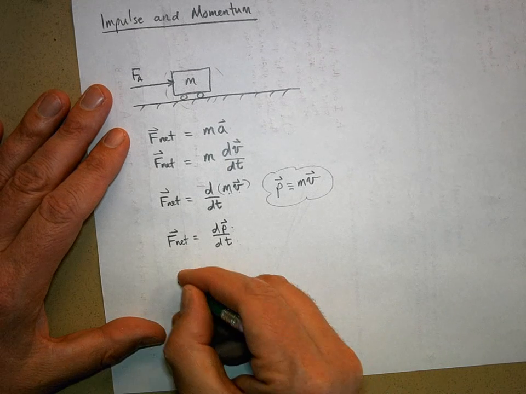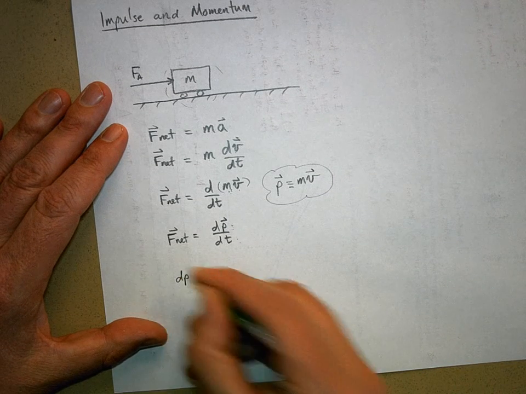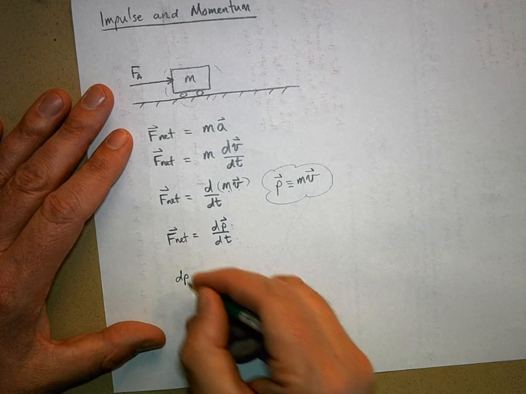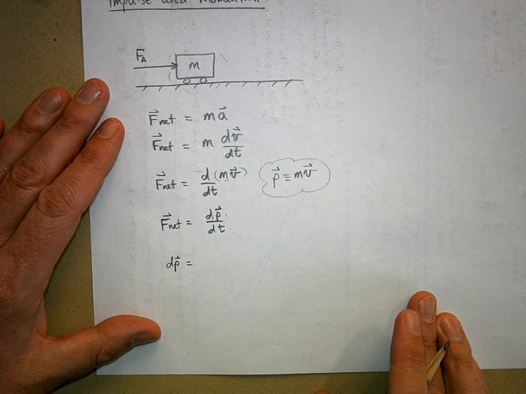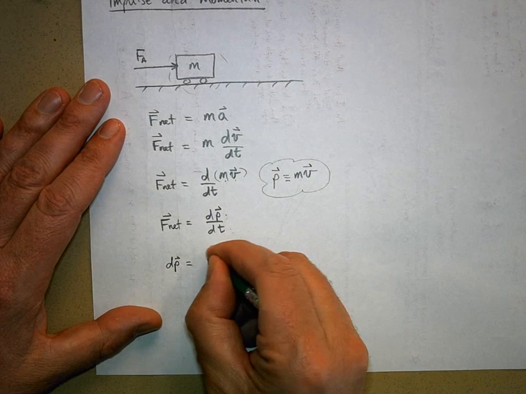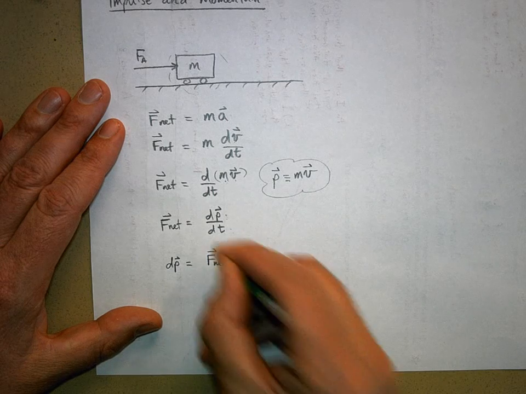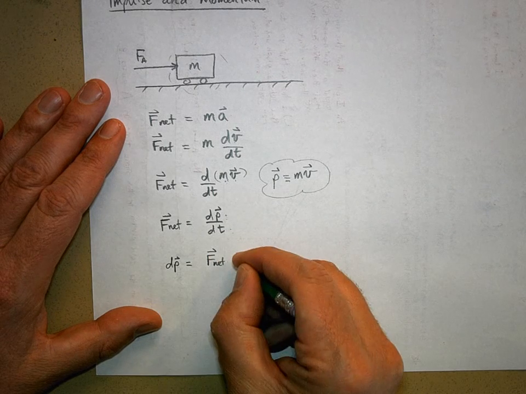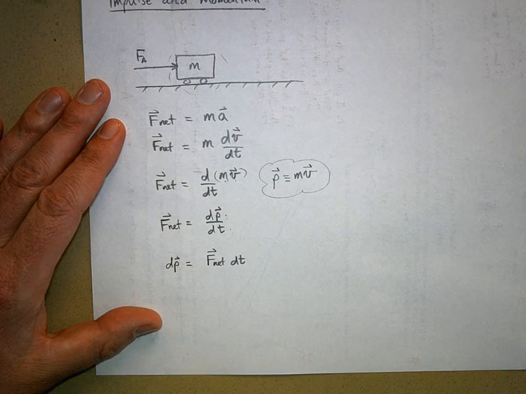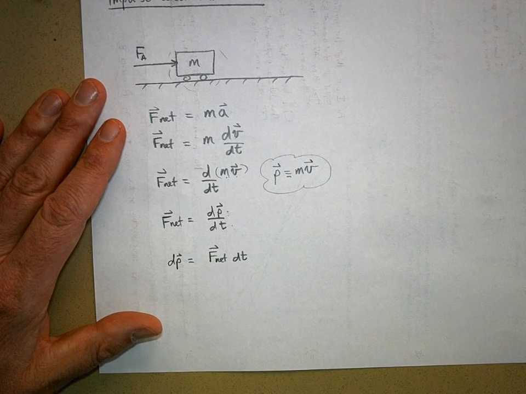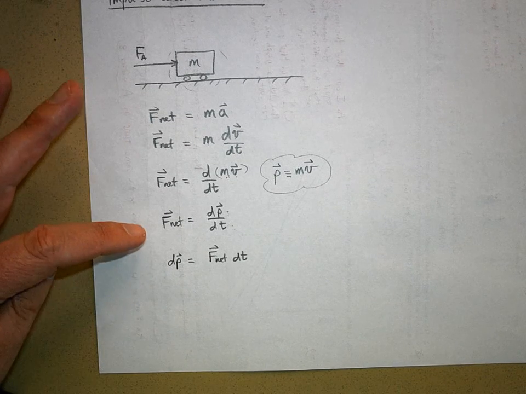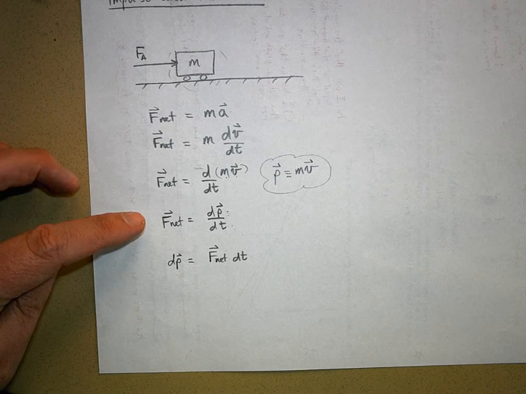I'm going to say a little bit of change in momentum is going to be equal to the net force times a little change in time. Okay? In other words, the rules of calculus let me do this.